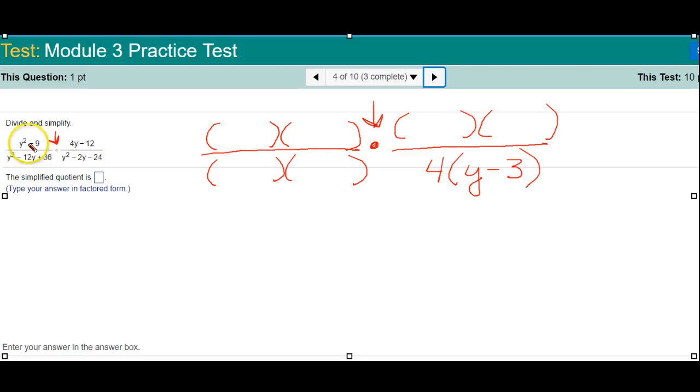This I'm going to factor into its conjugates. This is a perfect square trinomial, if you remember. And here, this is just regular factoring, but this trinomial will be factored up here. And that's what you need to be able to do. Factor each of these correctly. Don't forget to flip them, changing division to multiplication.